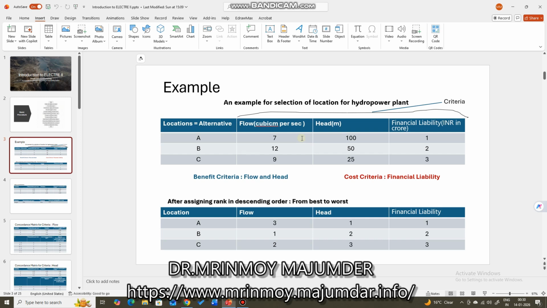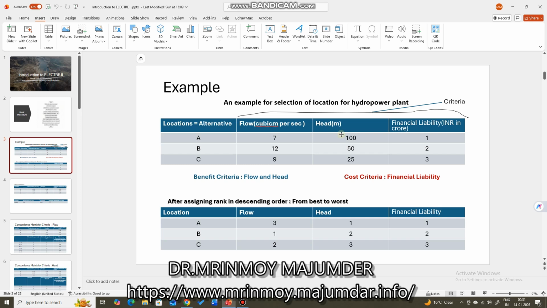Now you have to note that within these three criteria, flow and head are beneficiary criteria, and financial liability is a cost or non-beneficiary criteria, because a location with higher flow and higher head is always preferred by the experts if your plan is to develop a new hydropower plant, because the main raw material for the hydropower plant is water flow and water head.